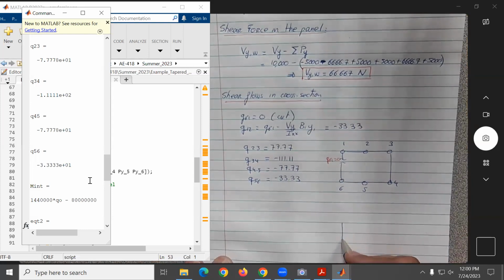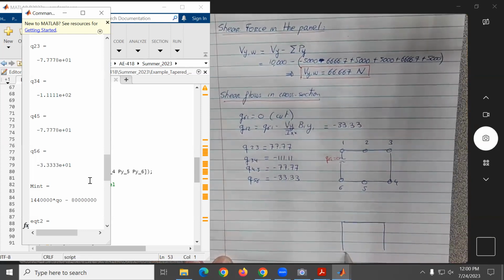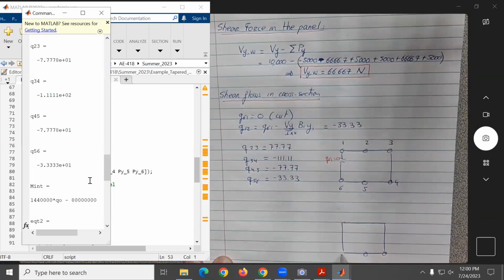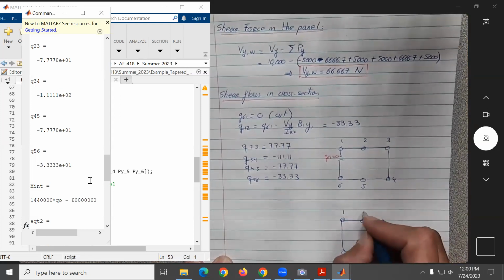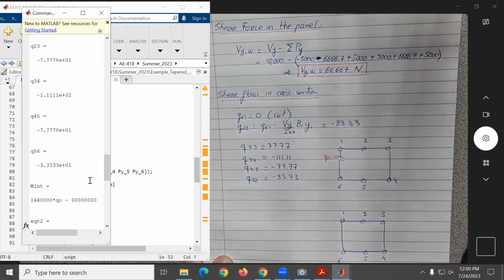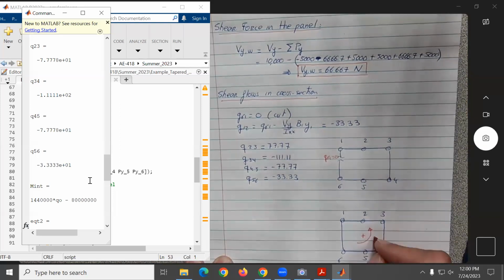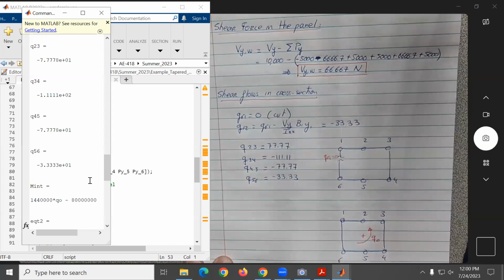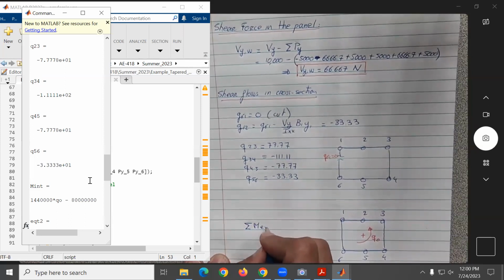So now, since we made the cut, what do we need to do? We need to find the internal shear Q sub naught, no? In order to find the Q sub naught, what do we do in the procedure?